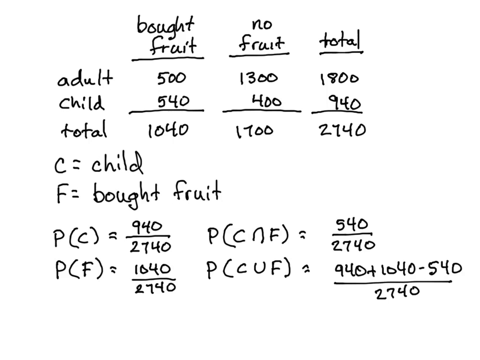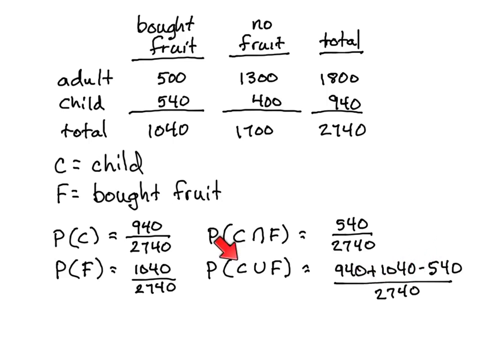Now, the probability of the union would be the probability of selecting somebody who was either a child or who bought fruit. We would take 940 plus 1,040, and we would subtract 540 because that's the overlap, and we would divide that by 2,740.